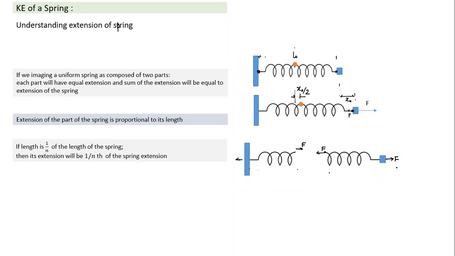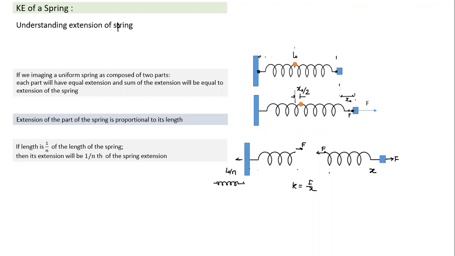If I apply force F, the extension of the spring was X, and the spring constant K was equal to F by X for the whole spring. This was for the whole spring, but if I take only a length which is 1/n of the spring length, this length is not L naught, I am taking L naught by n part here.